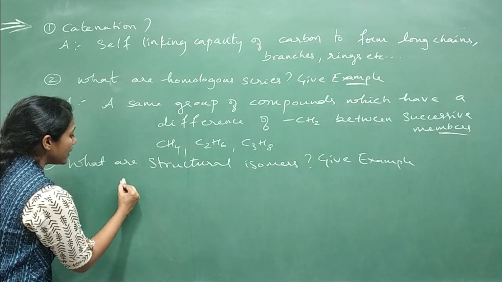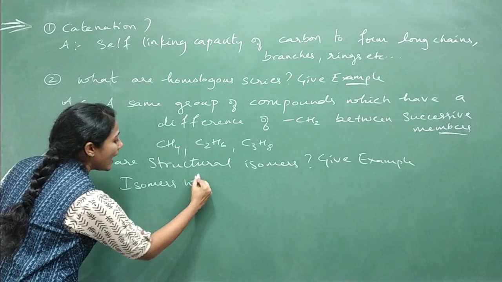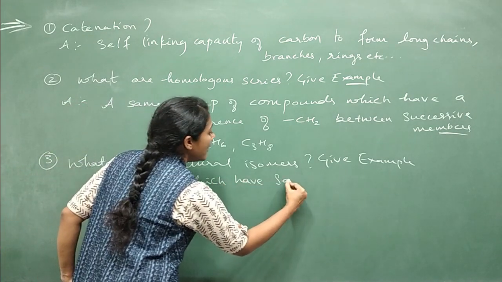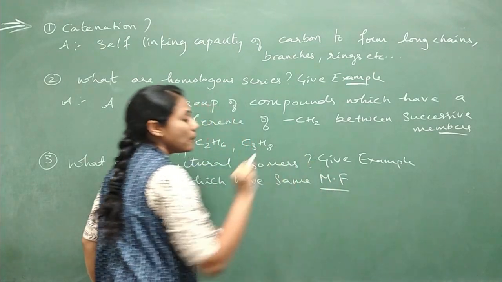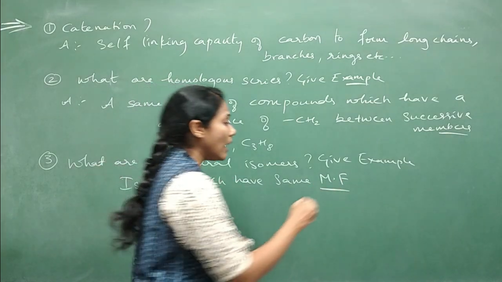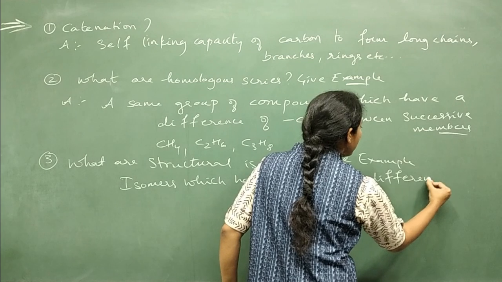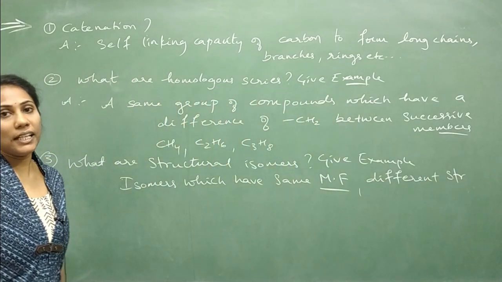The isomers which have the same molecular formula, MF in the sense molecular formula, but a different structure, are called structural isomers.